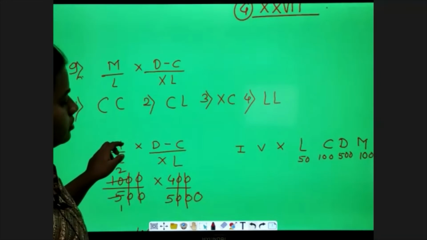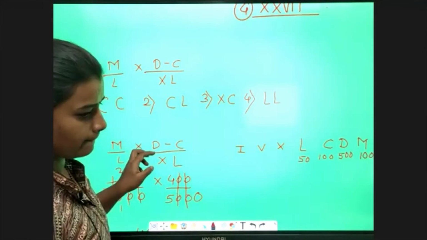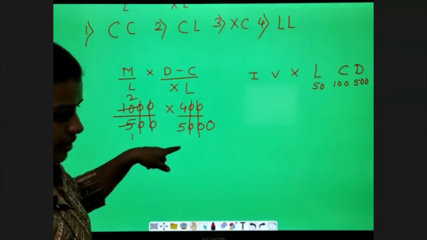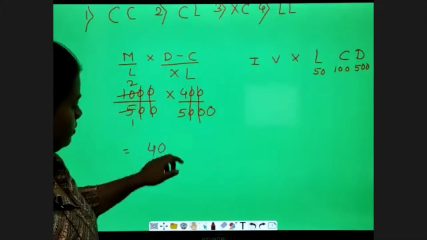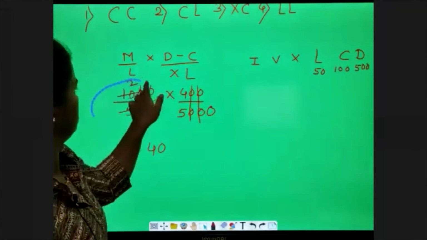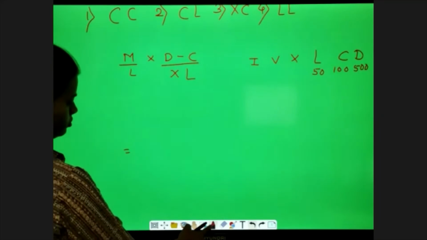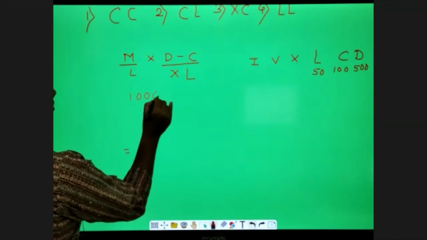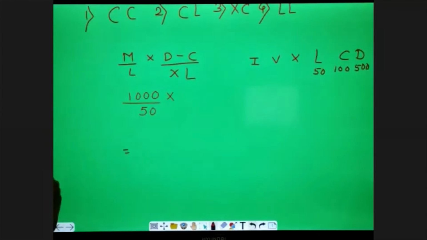Which option is right then? Wait. M is equal to 1000. Is it right now?